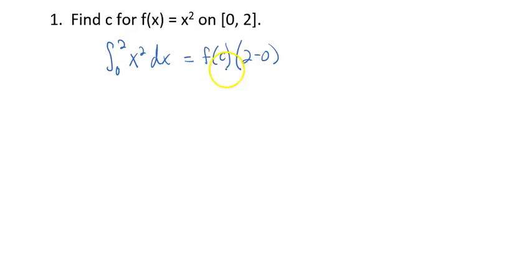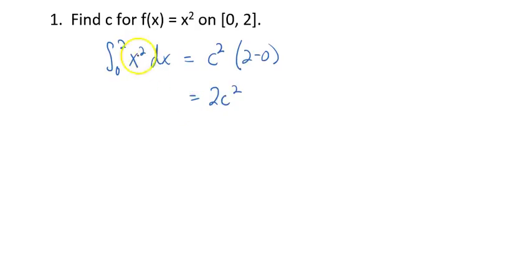Now, what is f of c? F of c is what you get when you plug c into your function. So really that is c squared. On that side, 2 minus 0 is 2, and then you have 2 times c squared.